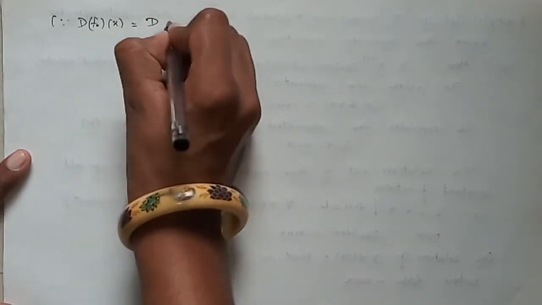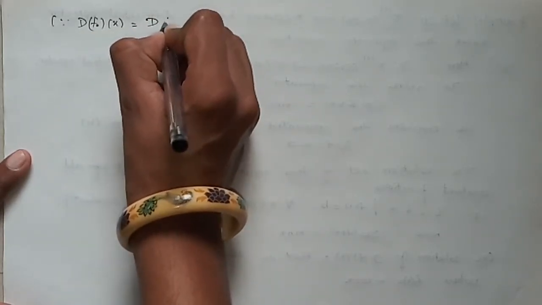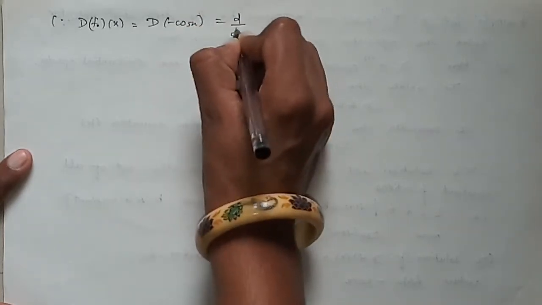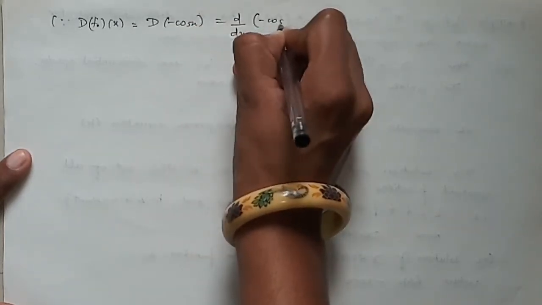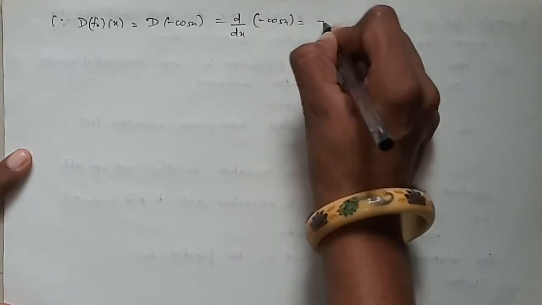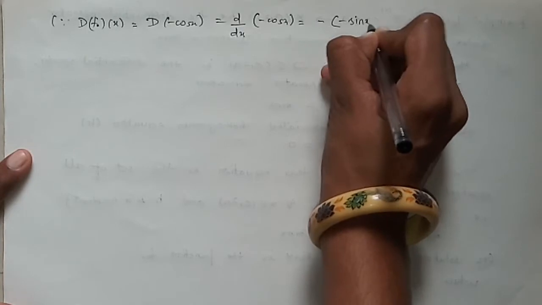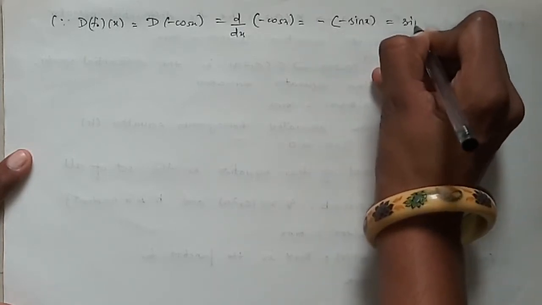So since D of f naught of x is equal to D of minus cos x, that is the derivative of minus cos x, which is equal to minus, as it is, and the derivative of cos x is nothing but minus of sin x, which is equal to sin x.